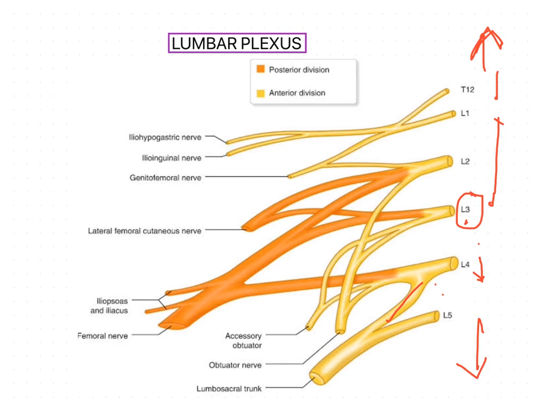Sometimes the nervus furcalis, instead of forming in L4, may form in L5. Then the plexus is shifted towards the caudal side. If the L5 is forming the nervus furcalis, then that lumbar plexus is called as post-fixation of plexus.